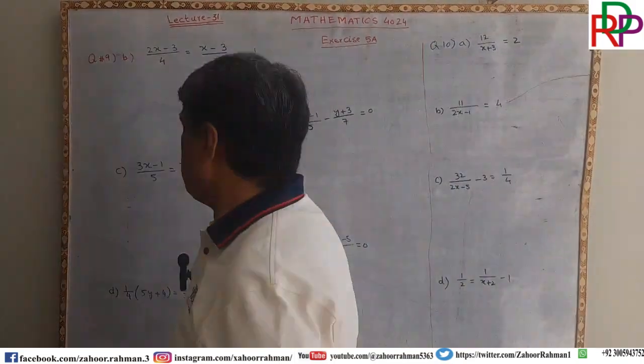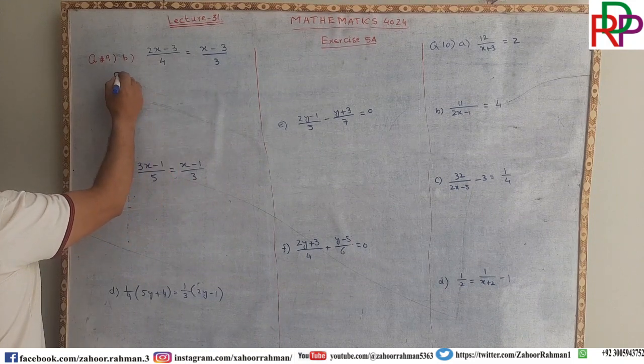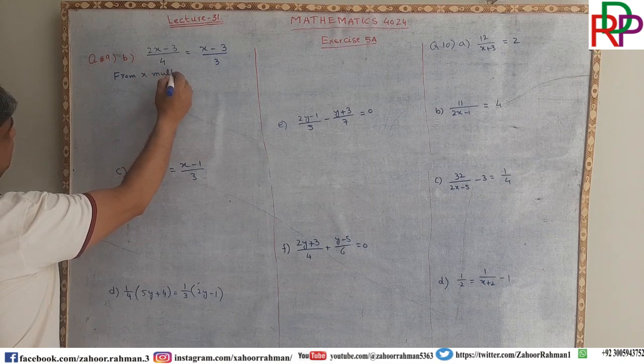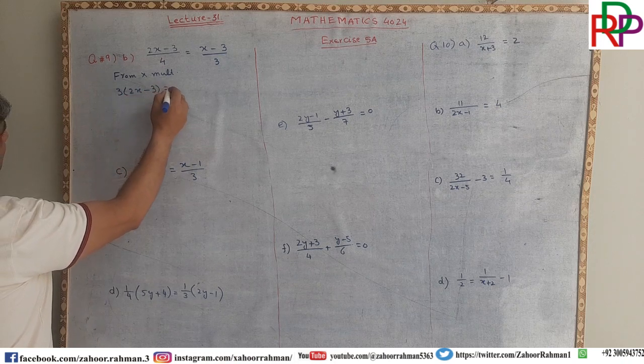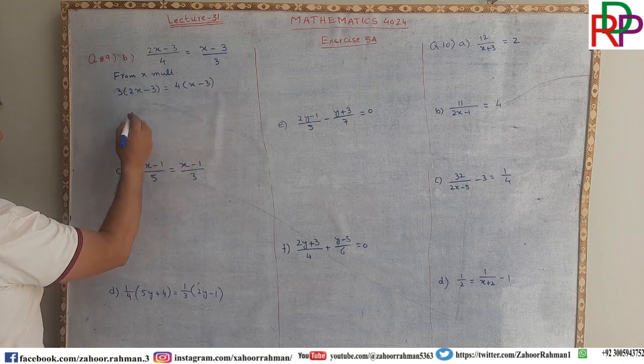Okay, now let us do this part, and here again we have to do cross multiplication. From cross multiplication, we are having 3 into 2x minus 3 is equal to 4x minus 3.